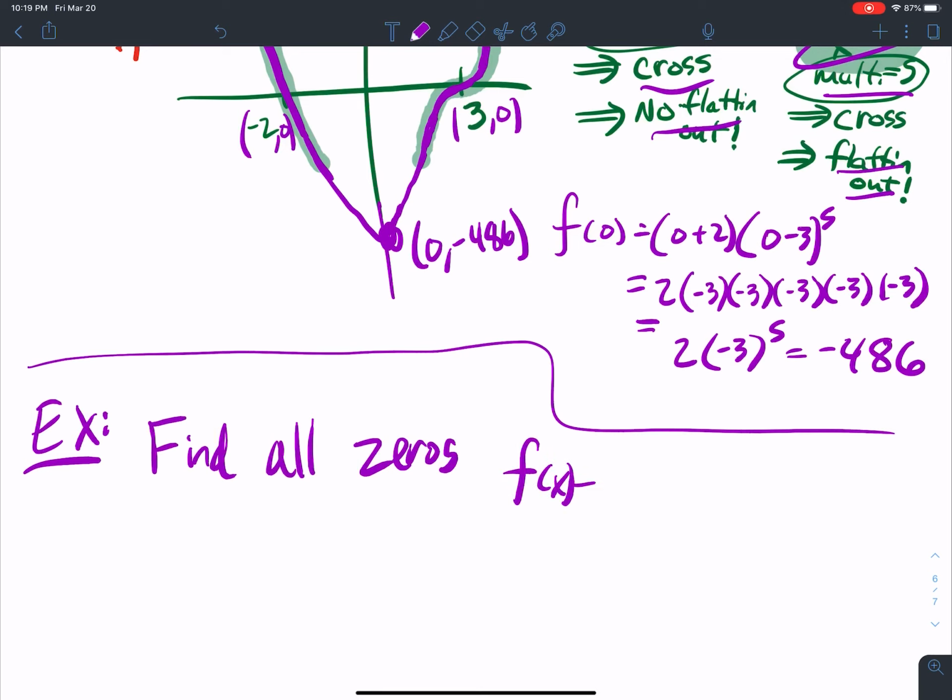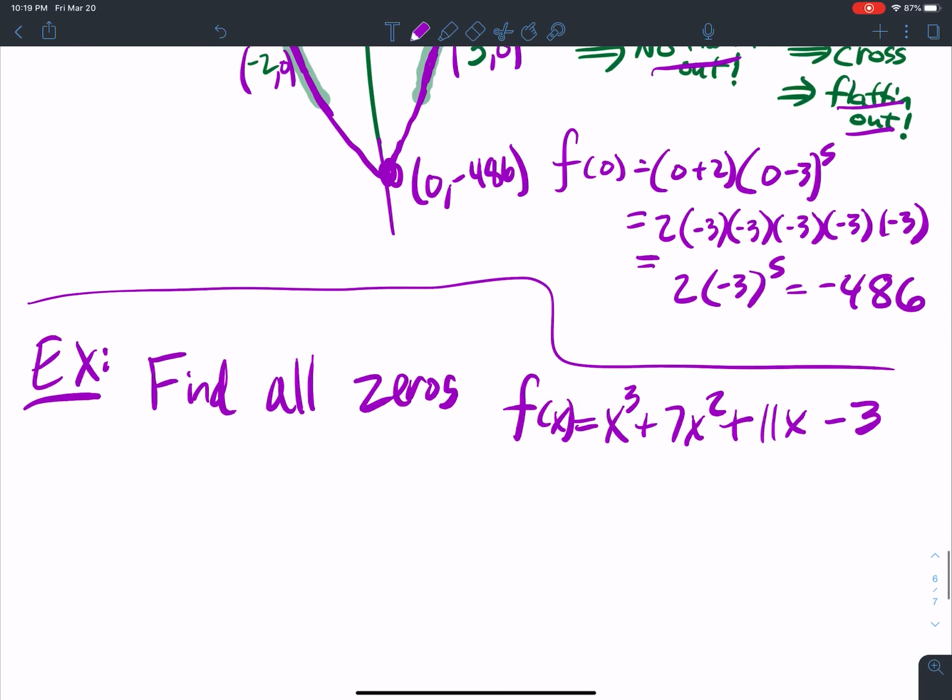f of x equals x cubed plus 7x squared plus 11x minus 3. Okay, so when I see this problem, the work I want to see is possible rational roots.